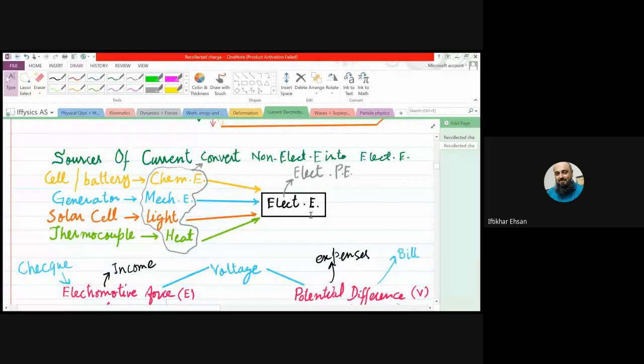Sources that can provide you electric current, electric energy, are called sources of energy. But energy can neither be created nor destroyed. It can only be changed from one form to another. In actual, these appliances, sources of current, convert any non-electrical form of energy into electrical energy.